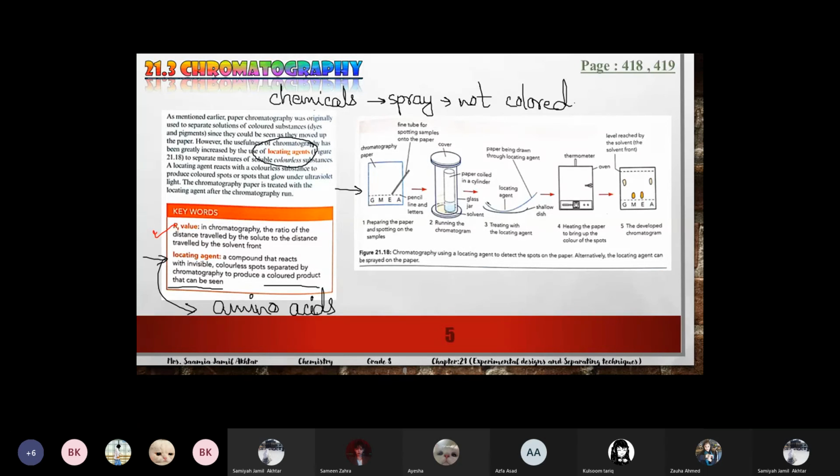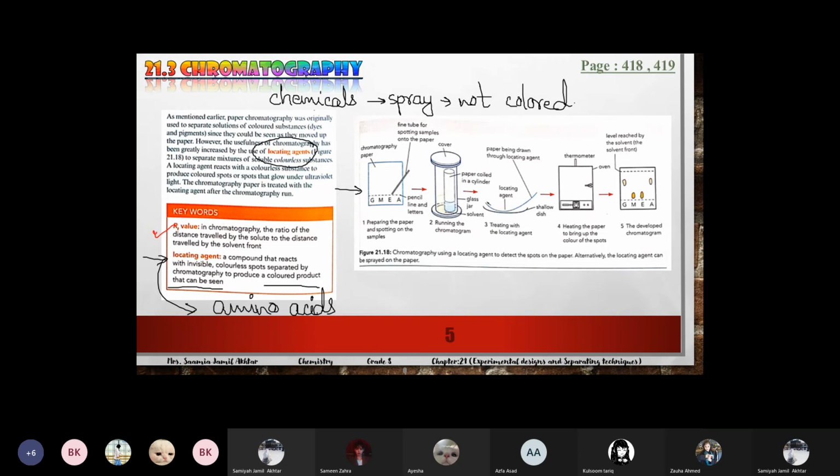To locate them, we will first perform the chromatography to see which amino acids are present in this protein sample. Amino acids are mostly invisible, so we spray locating agent on them, and it will show that these amino acids are present. The reason why we use locating agents is also written: to make the colors appear.